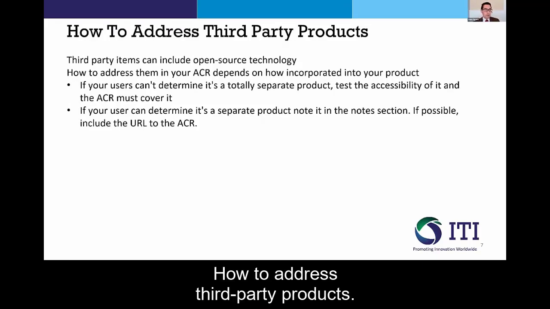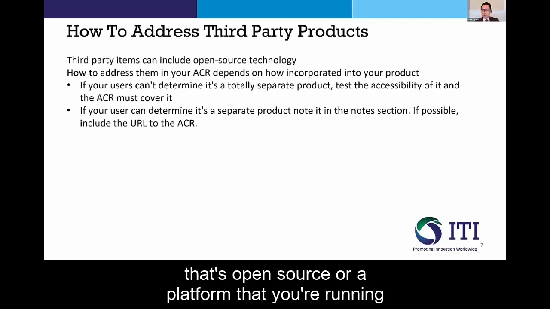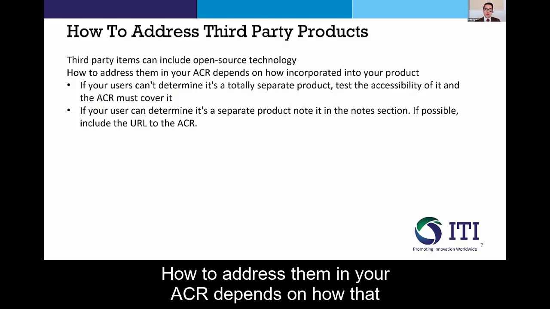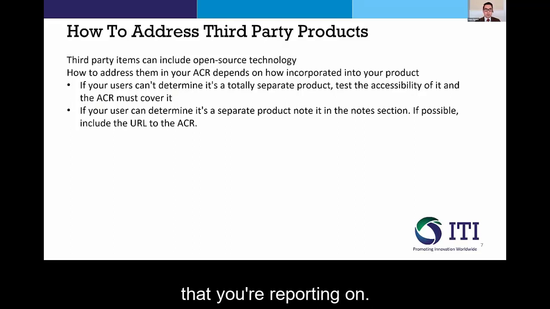How to address third-party products? An example of third-party products could be something that's open source or a platform that you're running on that you're dependent on. How to address them in your ACR depends on how that third-party product is incorporated into the product that you're reporting on.